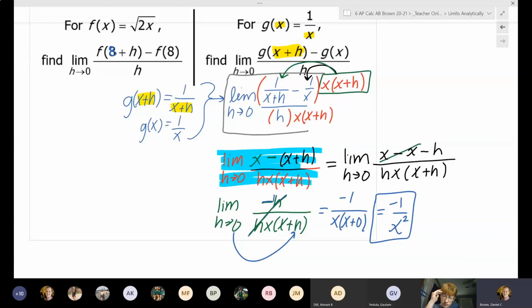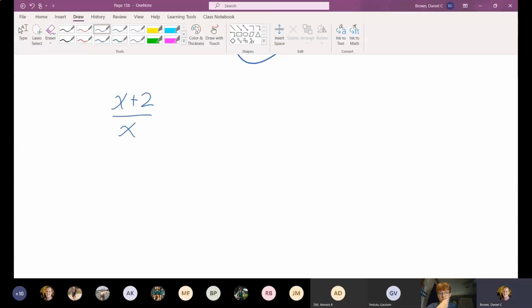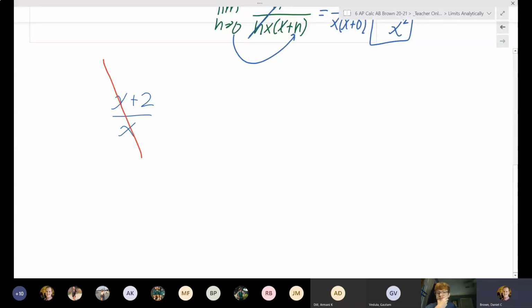So that would be what I consider to be bad algebra. So remember in math, we cannot ever cancel across a plus or a minus sign. So if you have something like x plus 2 over x, canceling the x's to give you a 2 is bad algebra.